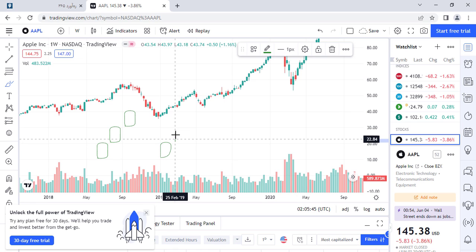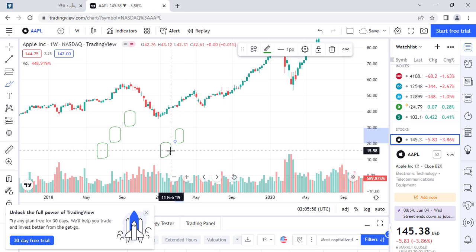Let's talk about the second candle. In the second candle, the price has started from $20 to $30. Okay, the price has increased about $10, but it has increased also 100% of the previous price. Okay.